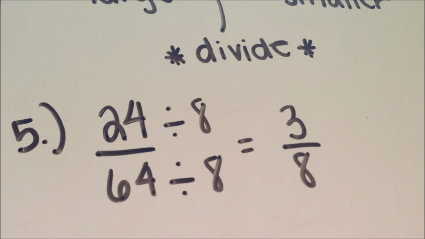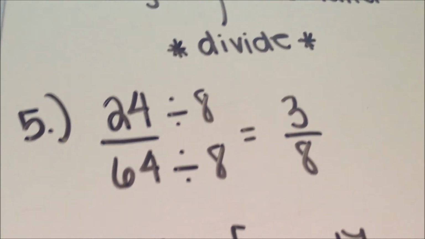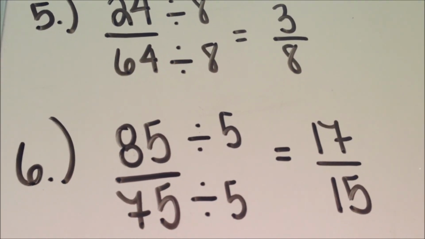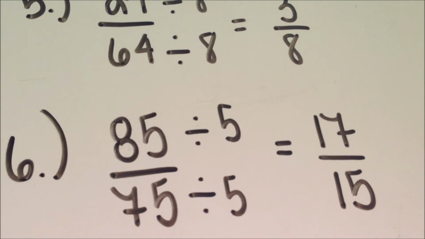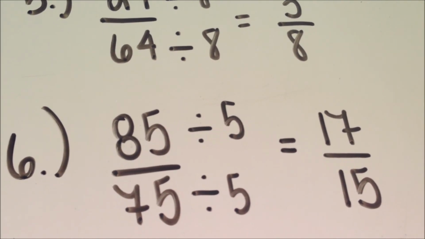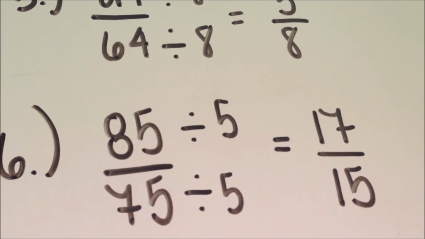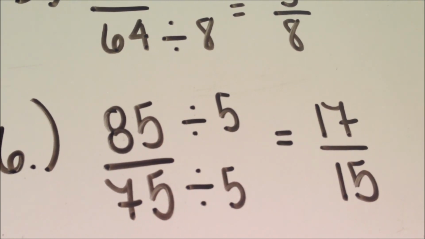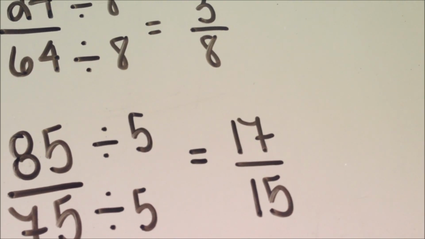So if we divide the numerator and denominator by 8, we end up with 3/8. Then finally, number 6, 85 and 75 both end in a 5, so they are instantly both divisible by 5. 85 divided by 5 gives us 17, and 75 divided by 5 gives us 15. So our final answer is 17 over 15.